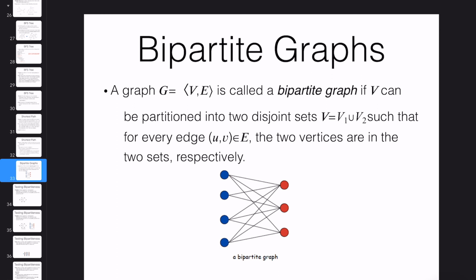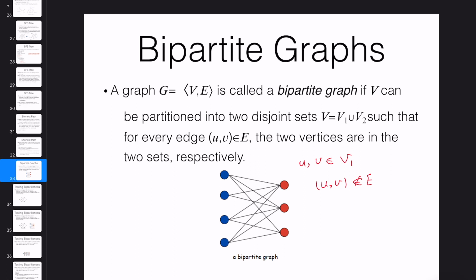so that there is no connection between the nodes in the same set. So all the nodes in V1, there is no connection between them. So if u and v belong to V1, there is no edge between u and v; the edge uv doesn't belong to the set of edges.